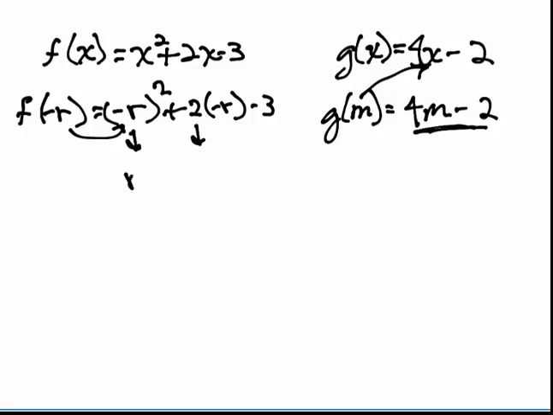This would equate to r squared, because r times r is r squared, and then the negative sign squared becomes a positive. This becomes a -2r because 2 times the -r gives me a -2r, and it's a -3. That's as far as we can go for that, and you would leave it just like that.